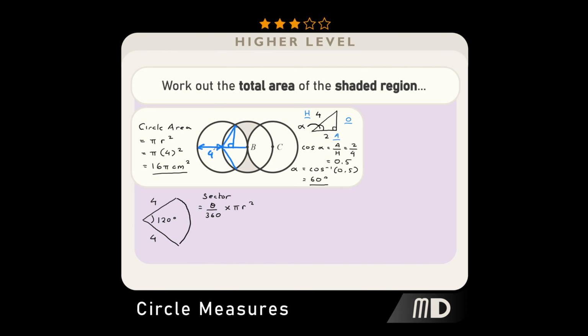Substituting these values gives us 120 divided by 360 multiplied by pi multiplied by 4 squared, which can be simplified to give us 1/3 of 16 pi.